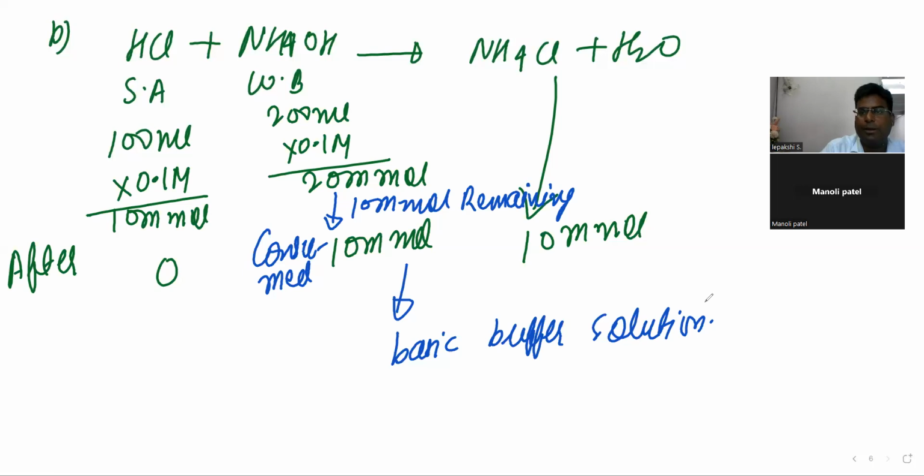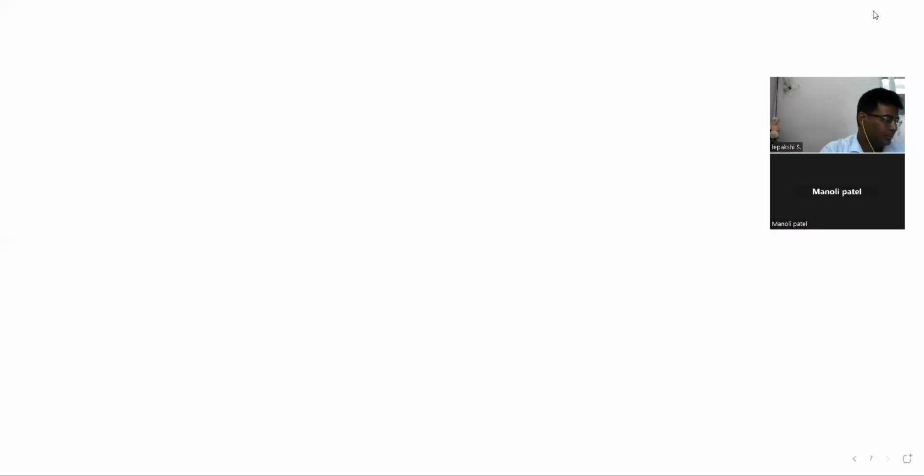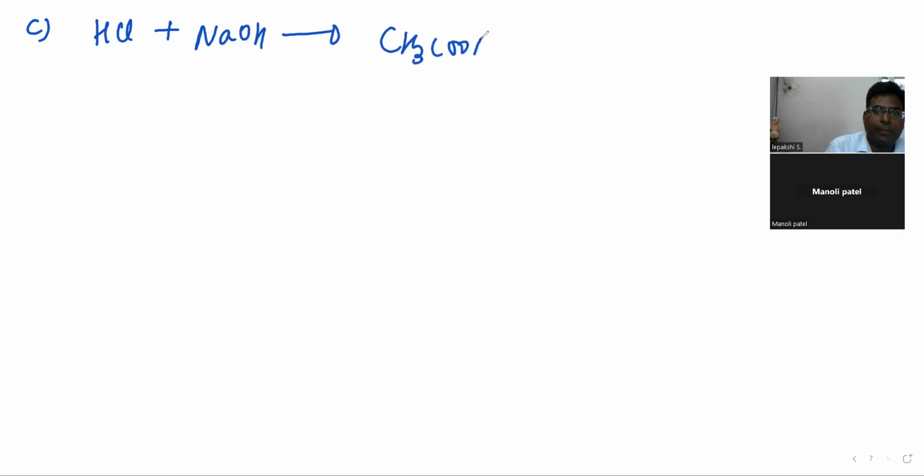So right up to this point. Now let's see the next option for the same question. When HCl reacts with NaOH, it forms sodium chloride plus H2O, right?